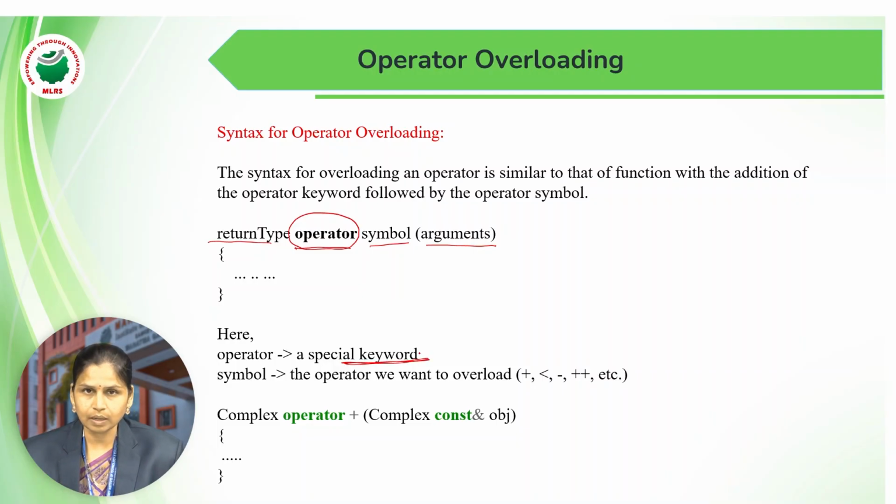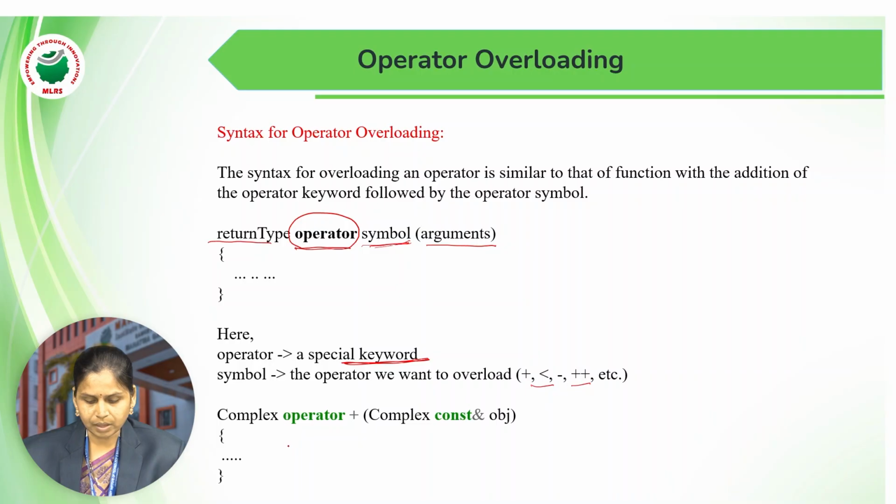In the operator overloading concept, we have to use a new keyword, that is operator. Next one is the symbol. The symbol is nothing but which type of operator we are going to overload: plus, minus, less than, plus plus, etc. Next, these are the arguments.